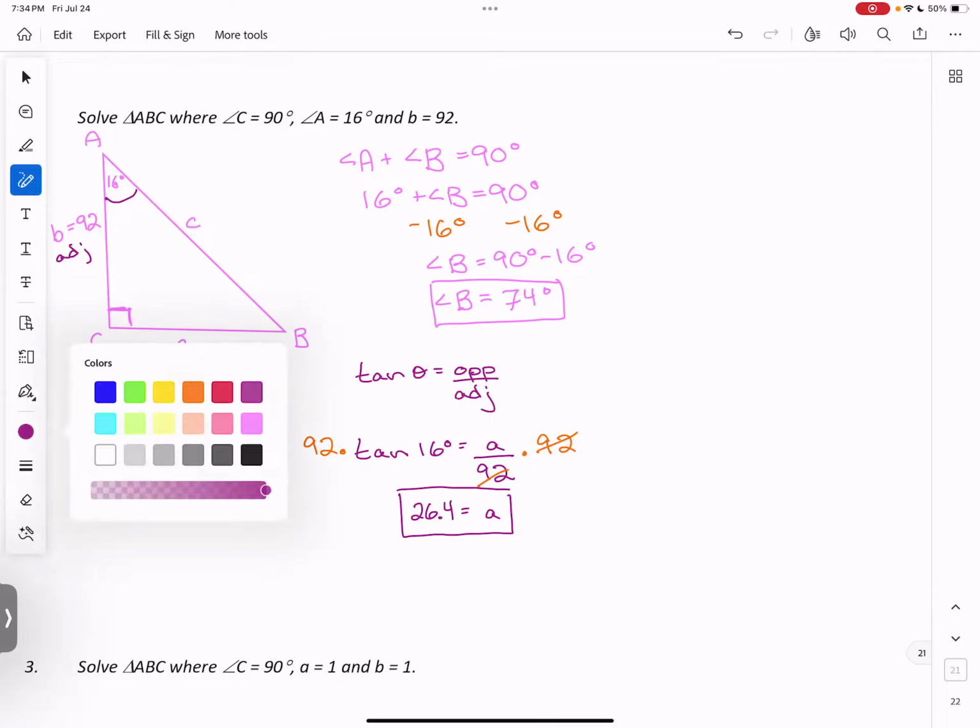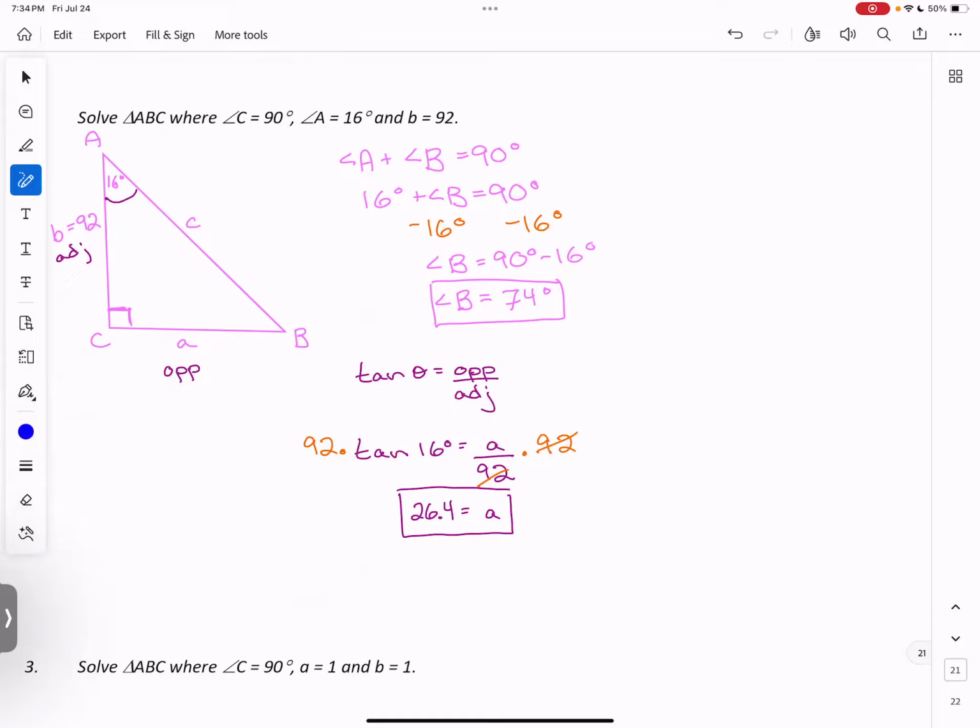Okay. And the only thing left we have to solve is c. We could do that with Pythagorean theorem, or we could do that with cosine. Let's use Pythagorean theorem. I'm just going to store this number from a on my calculator, but if it's easier, write down a few more decimal places there so that you have a more precise estimate of that length.